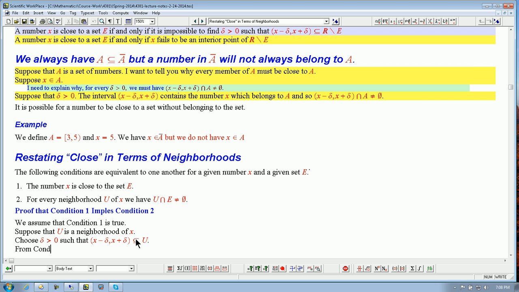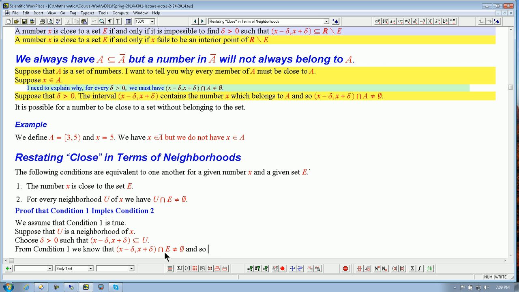Okay, well, let me tell you something. From condition 1, we know that this stick intersected with E is non-empty. Isn't that right? And therefore the bigger set intersects with E, isn't it, right?